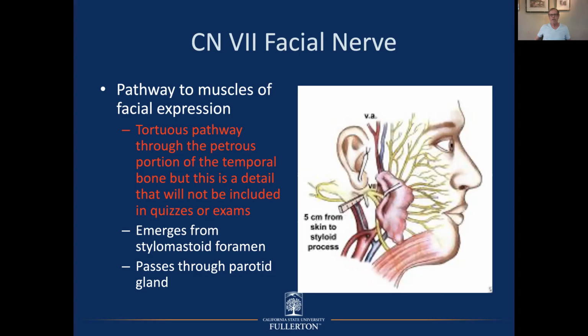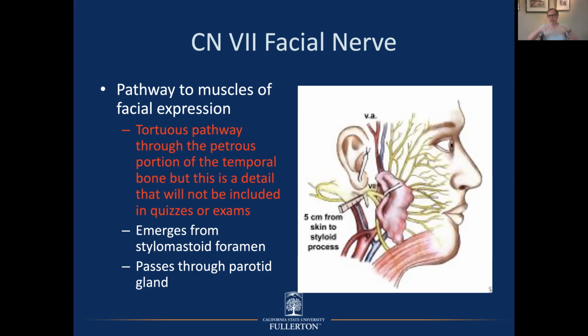But the nerve then, once it's taken its tortuous pathway through the petrous portion of the temporal bone to get out of the skull, emerges through the stylomastoid foramen. And then this is kind of important. You can see here it's coming out the stylomastoid foramen, and it passes through the parotid gland, which is a big gland here. It's under the skin. If you get an inflammation of it, you can actually feel it. It'll puff up, as it does in the mumps, I believe.